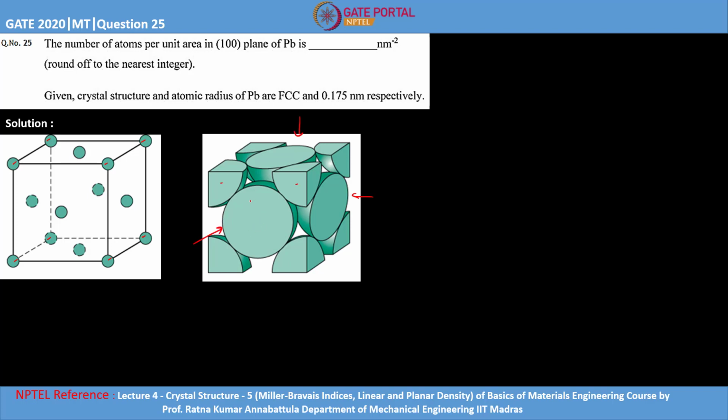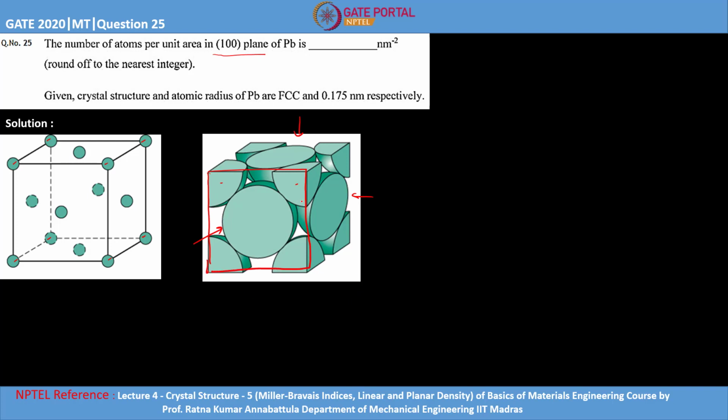So in the problem they are basically asking the number of atoms per unit area in 100 plane. So 100 plane is basically this facial plane. It can be this depending on the reference, like the origin you are defining. So let's say that this is our 100 plane for the time being.